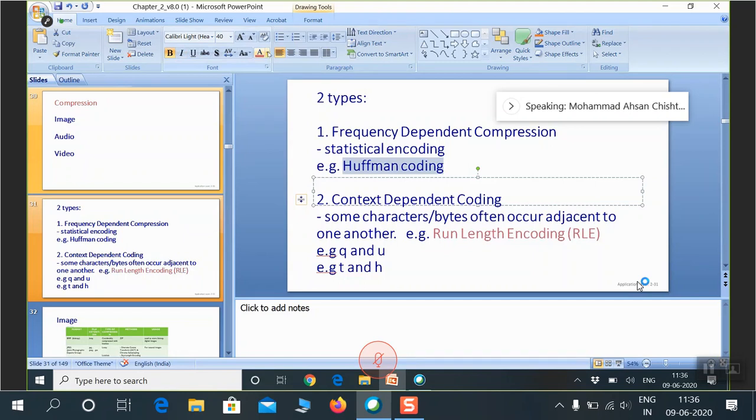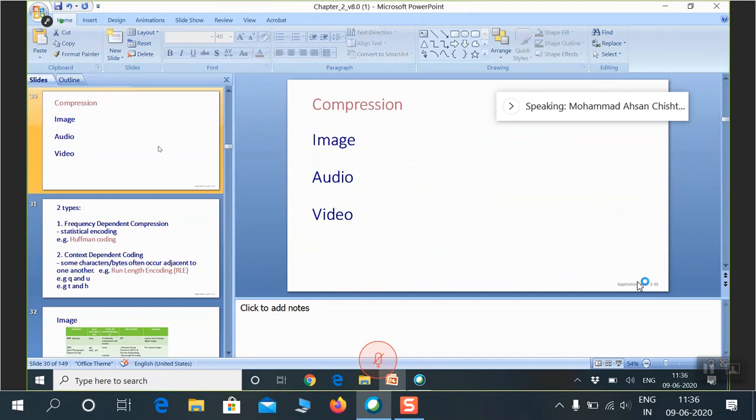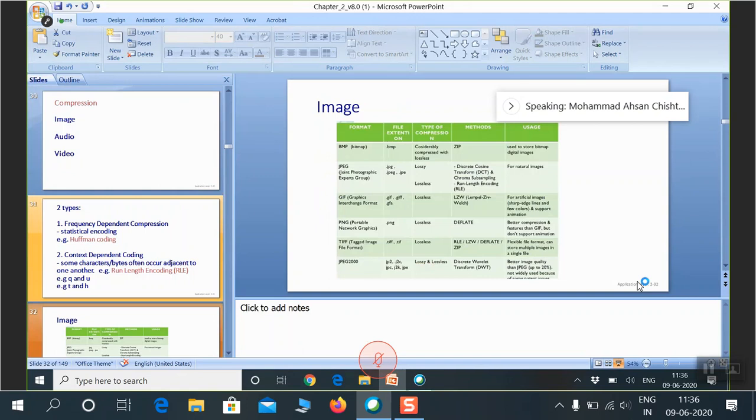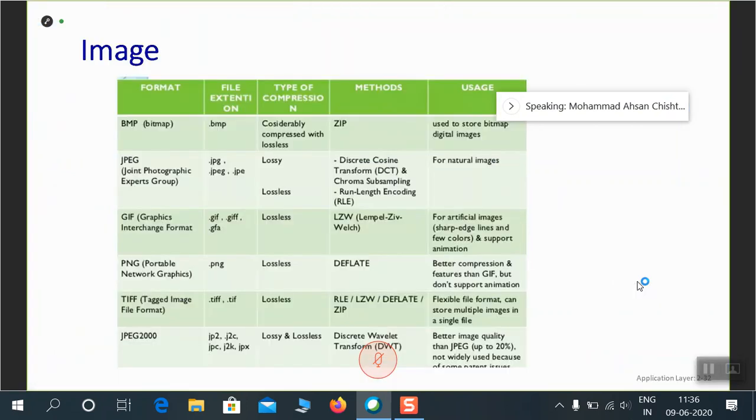Now let me take an example of what types of compression we generally see here. We have compression of data, and compression of images, audio, and video. This is a slide which shows how an image is compressed, what format we have, like GIF, that is graphics interchange format.